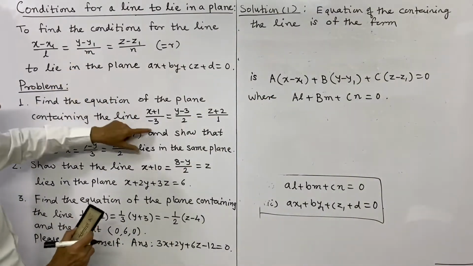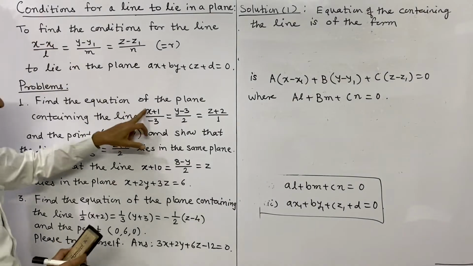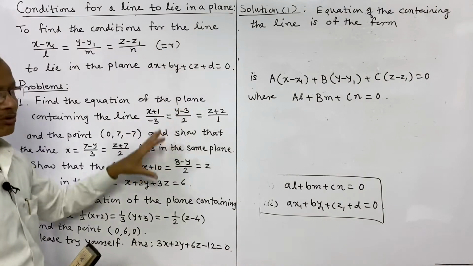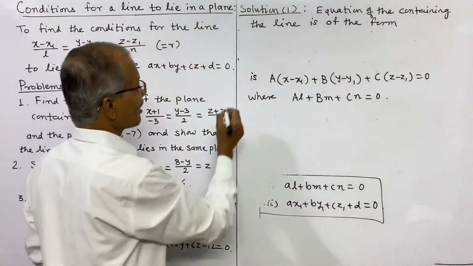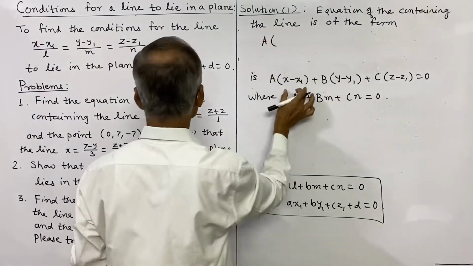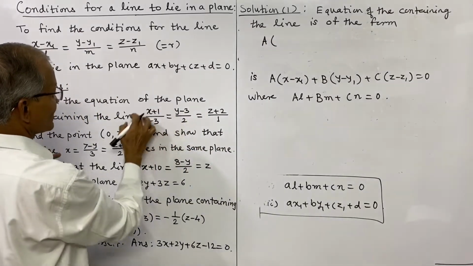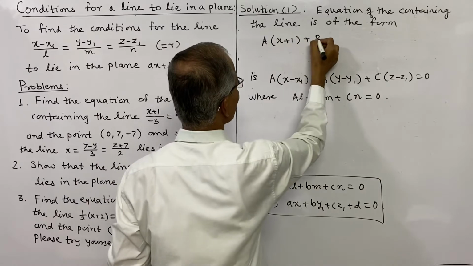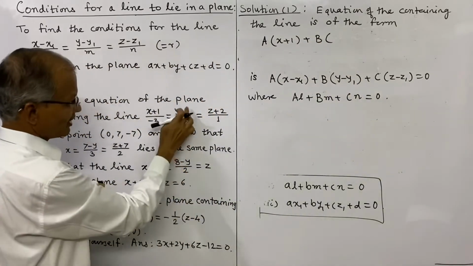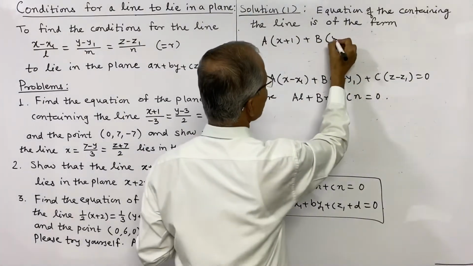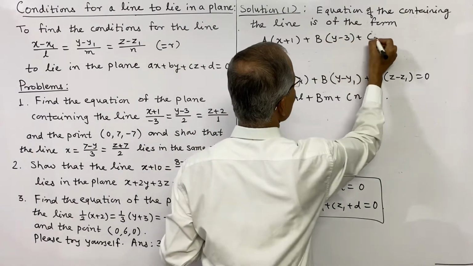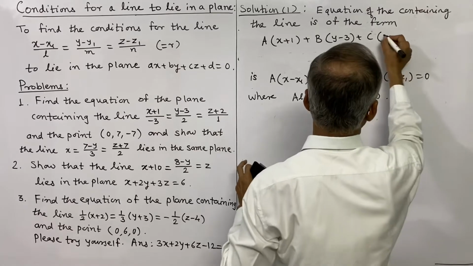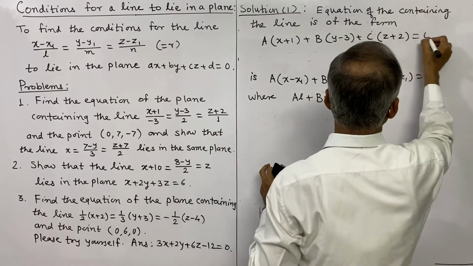The equation is of this form, so x minus x1 means x plus 1 here. These are the values of L, M, N, so we should note it. It is of the form A into x minus x1, meaning the numerator x plus 1, plus B into y minus y1, meaning y minus 3, and plus C into the numerator for the third ratio, z plus 2, is equal to 0.